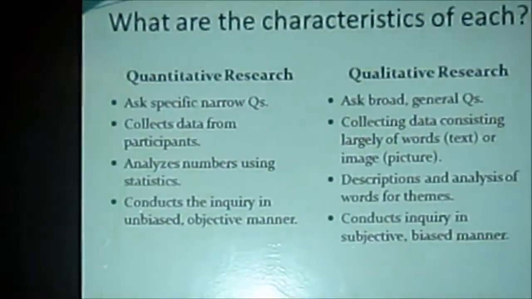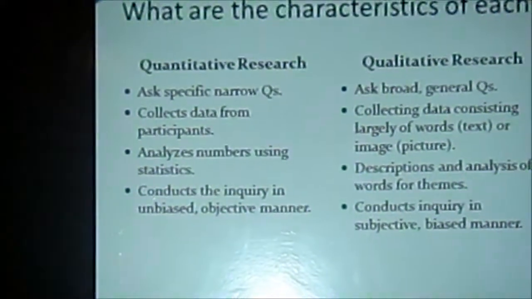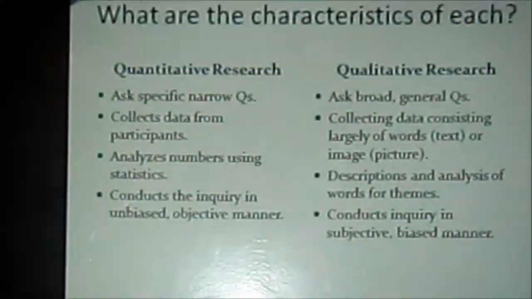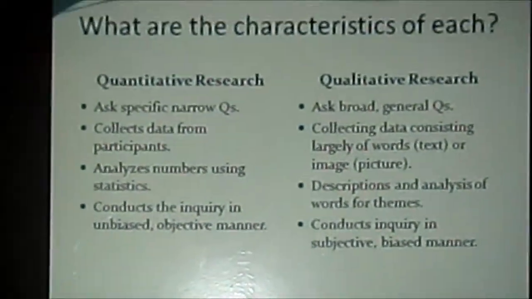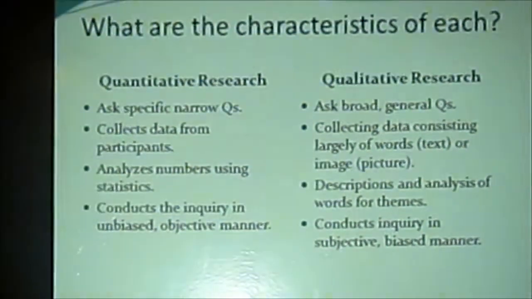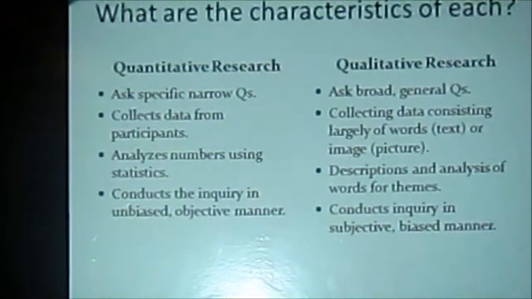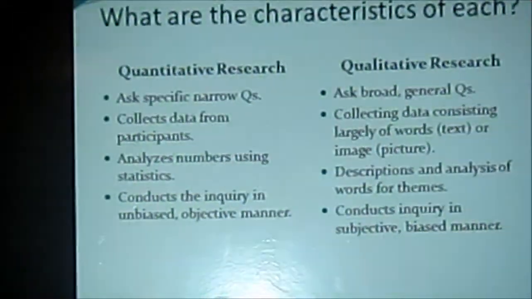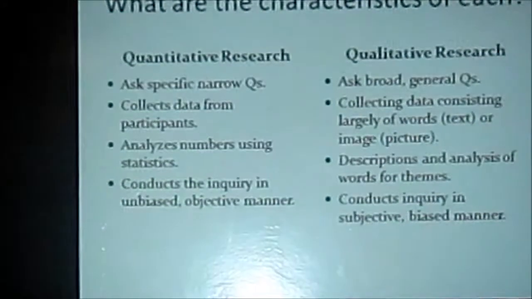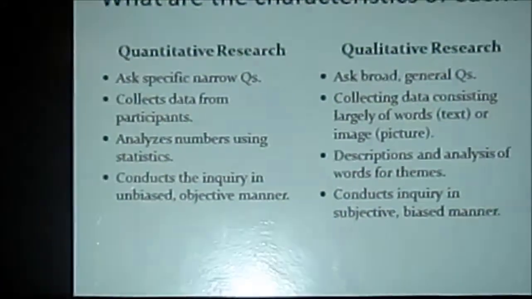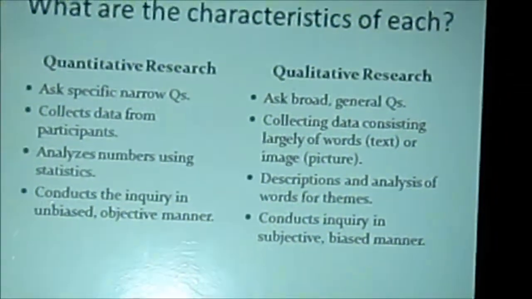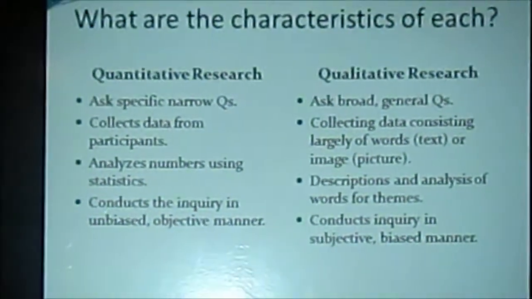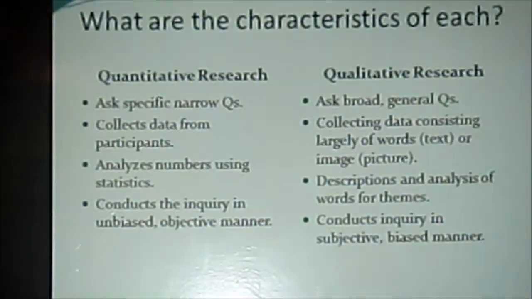Also, qualitative research is sometimes conducted in a subjective and biased manner, especially in ethnography. Sometimes what is written in a research paper, as far as ethnography is concerned, should not be trusted by the researcher.